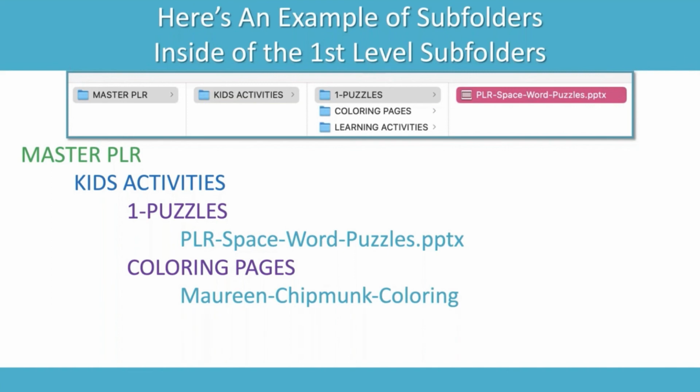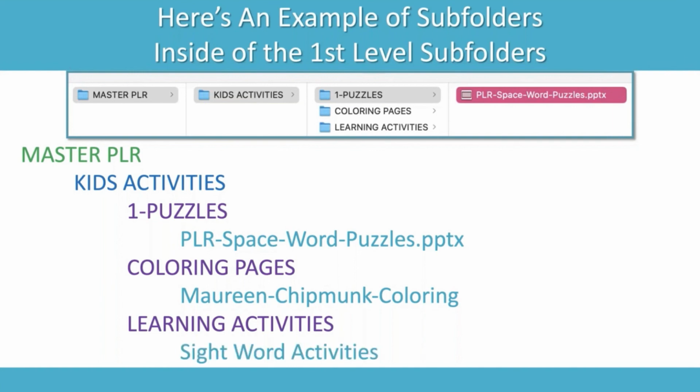You could put the name of the content creator in front of the topic. And so that's a way that you can tell who created what, but yet you're still organizing content by topic area. And then I have another subfolder inside of the kids activities called learning activities. And then I have a PLR product called sight word activities. So that's an example that you can pull from.